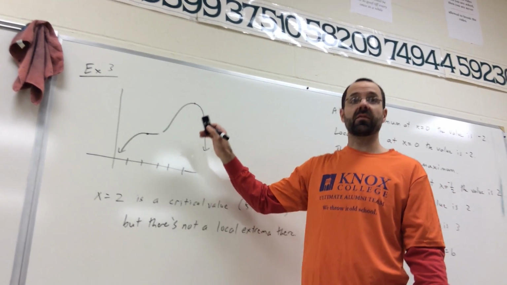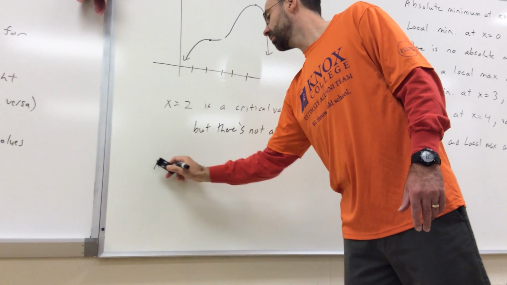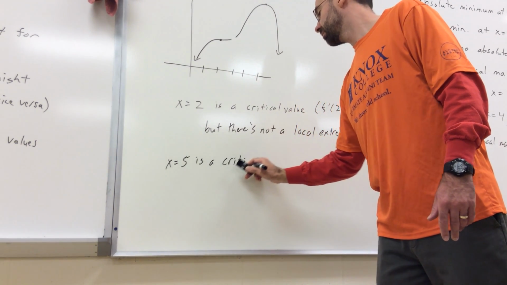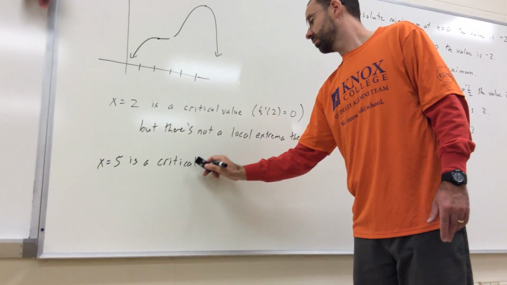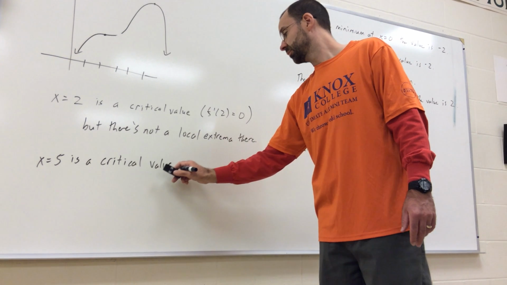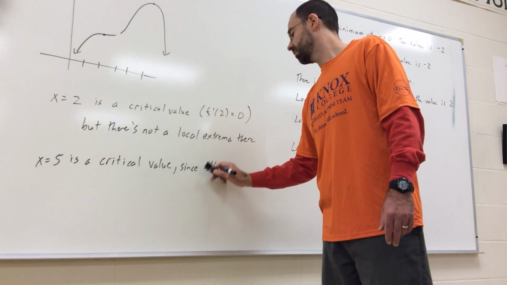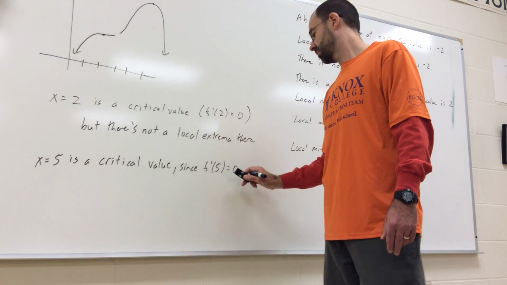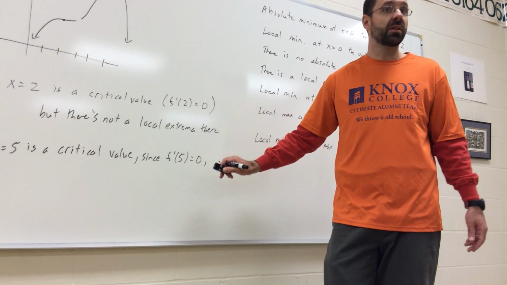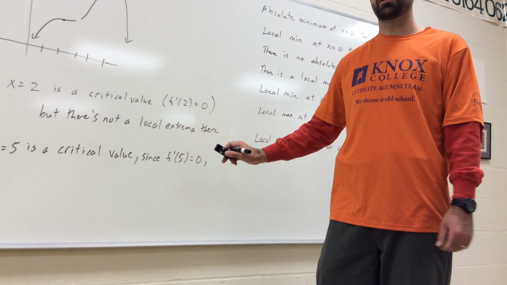So there's also a critical value at 5, since f prime is 0. And this time there is an extreme value there, an absolute max and a local max.